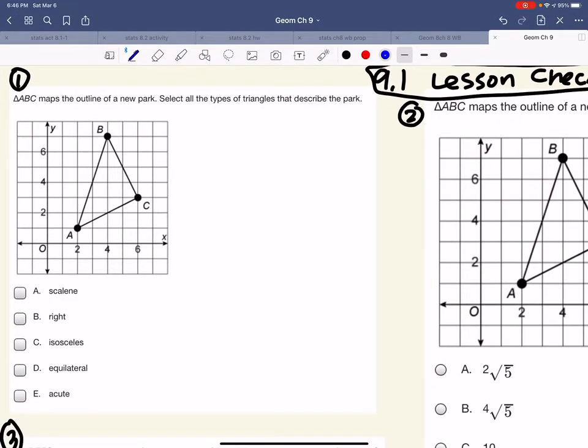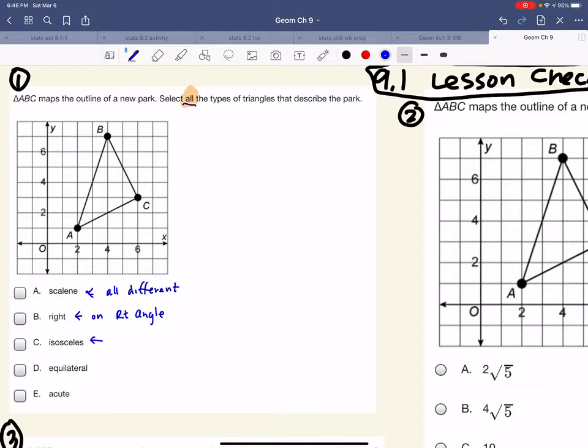So what's it say? ABC maps the outline of a new park. Select all the types. Okay, so that's important, right? Meaning I have to select more than one. So scalene means they're all different, right? Right means there's one right angle.